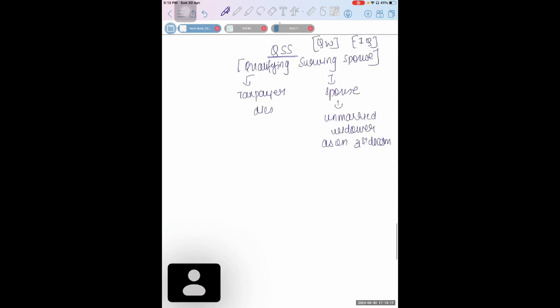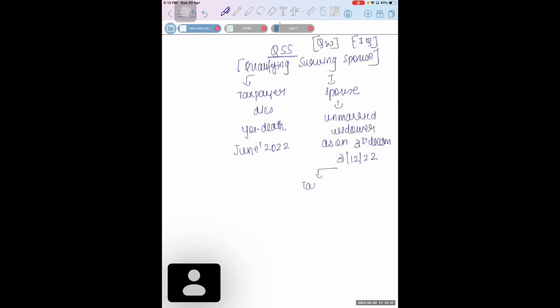Whenever a taxpayer dies, and the spouse is unmarried, or I can say is a widower, as on 31st December of that year, the year of death, let's say the person dies in June 2022, and on 31st December 2022 the spouse is not married to some other person and is still a widower.